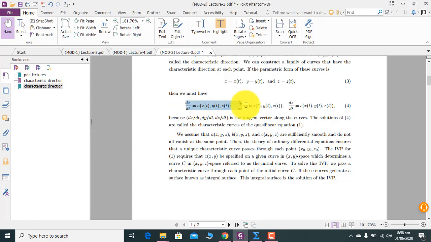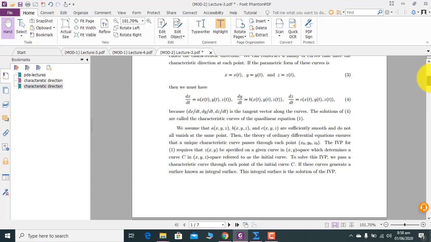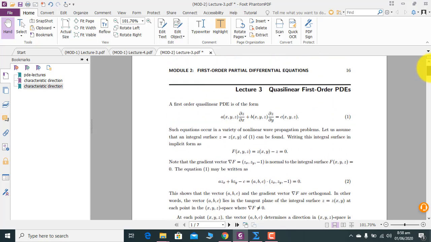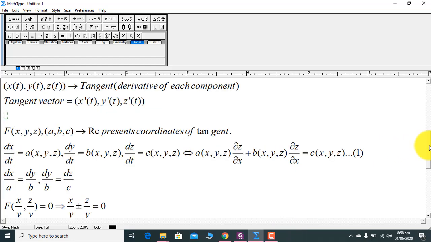This is the guarantee that the solution for that system exists, because ordinary differential equations have the guarantee that the solution will exist if A, B, C are smooth functions. We know that A, B, C are smooth functions, so if system 4 has a solution, equivalently equation 1 has a solution. I have written that in the following manner.